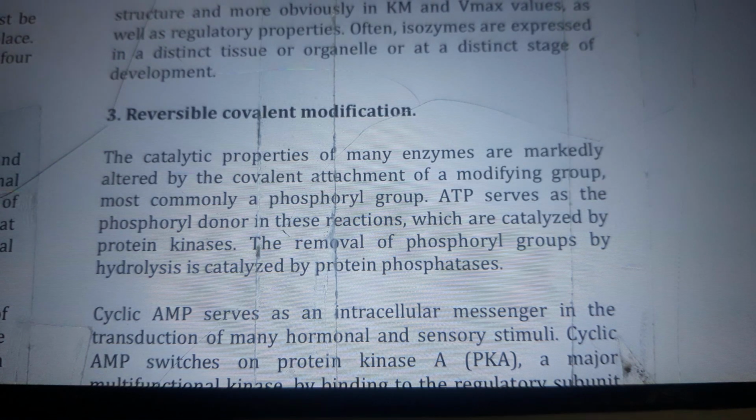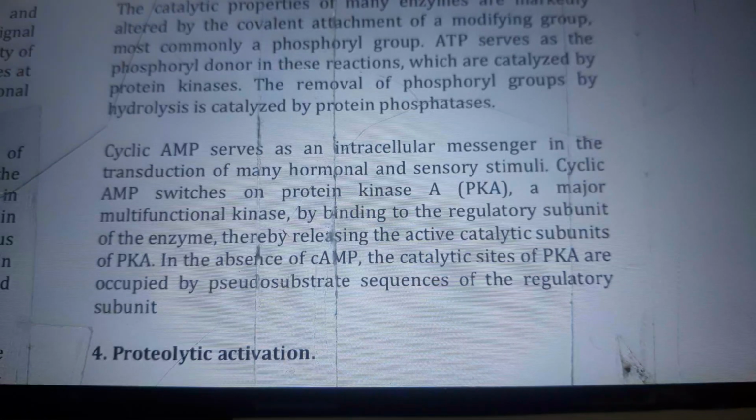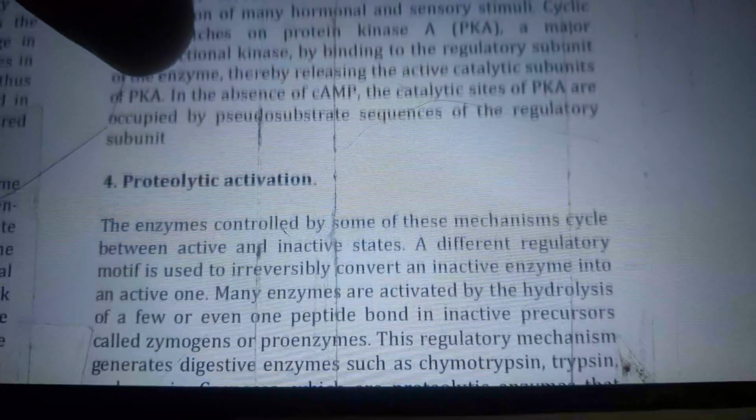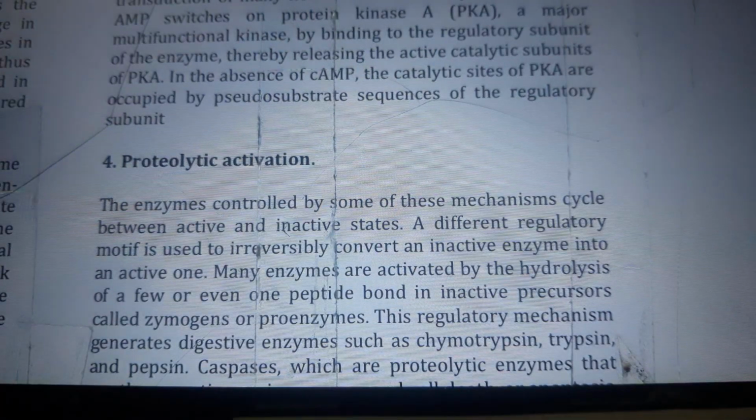Reversible covalent modification. The catalytic properties of many enzymes are markedly altered by the covalent attachment of a modifying group. Most commonly, a phosphoryl group, with ATP serving as a phosphoryl donor in these reactions, which are catalyzed by protein kinases. The removal of phosphoryl groups by hydrolysis is catalyzed by protein phosphatases. Cyclic AMP serves as an intracellular messenger in the transduction of many hormonal and sensory stimuli.